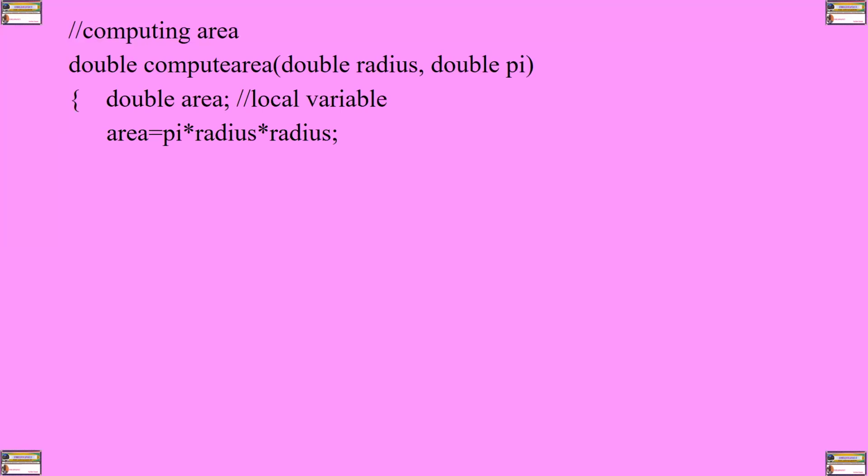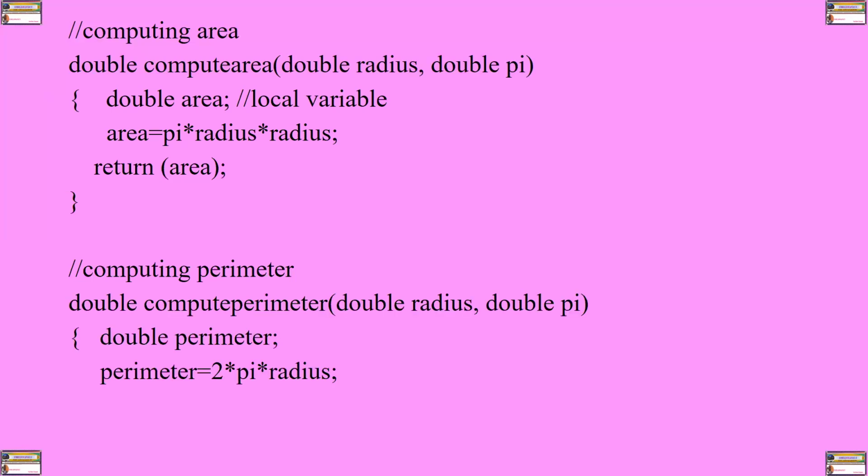Note the difference between the parameters and the local variable. Parameters are simply temporary placeholders, but a local variable is a memory location that has been set aside to hold a value that will be used within the function called compute area, and the same applies to the function called compute perimeter.